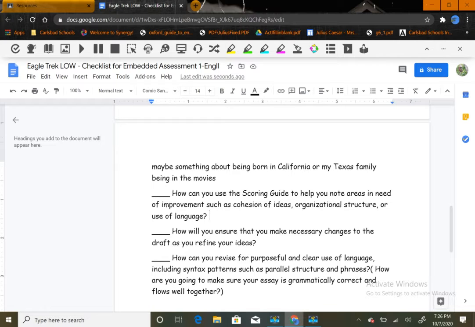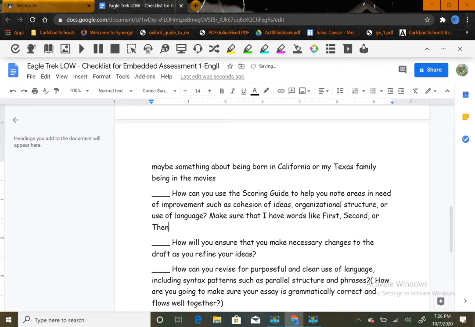So that's my scoring guide. So maybe I need more. So when I do write my rough draft, I'm going to make sure that I have words like first, second, or then, or next, or something like that.